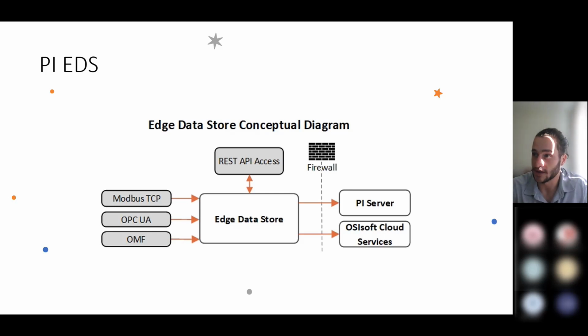Those are all data sources that feed the Edge Data Store, where the Edge Data Store will store that data locally and temporarily, and then it will send it to permanent storage in the main Pi server when it can. By the way, the Edge Data Store runs on Linux as well as Windows, so that expands the set of edge devices that can function with the Edge Data Store.